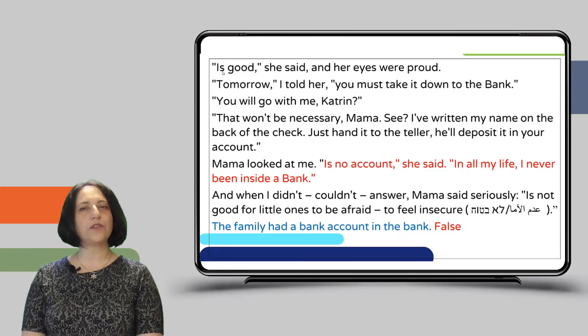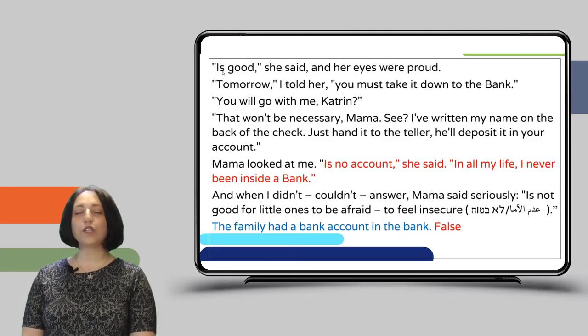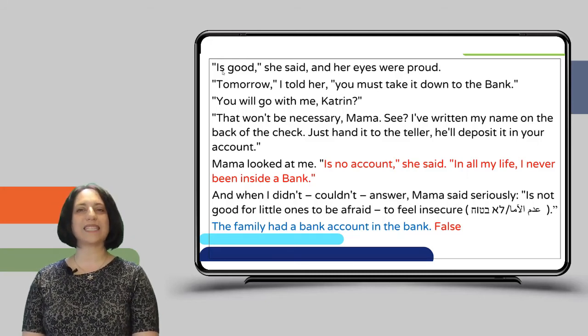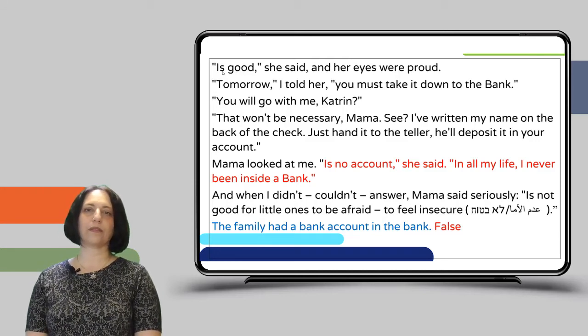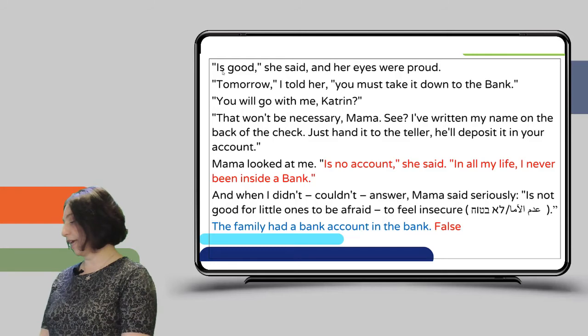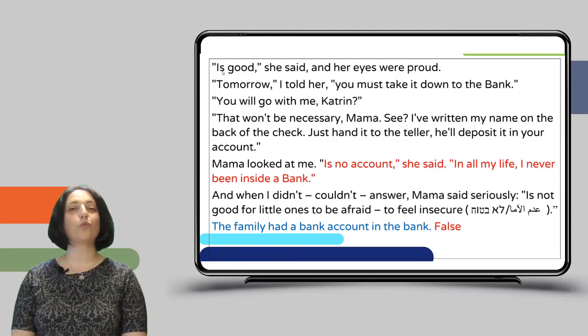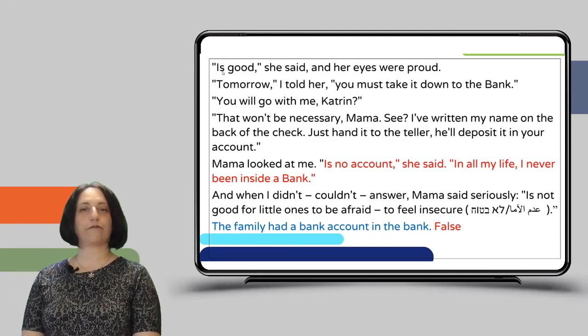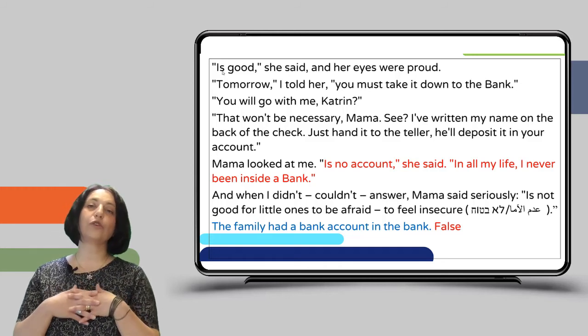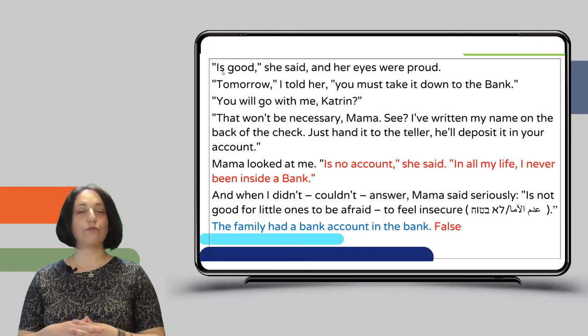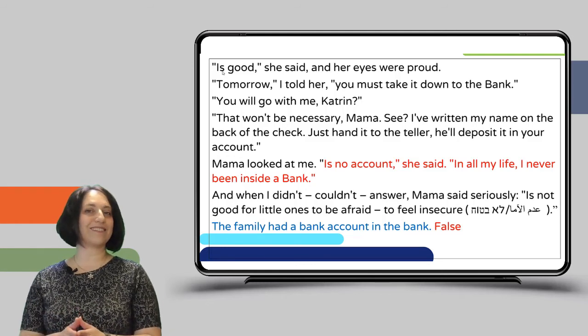And why do you think Mama said, and we said this a few times, why did Mama say that she did have a bank account? She answers here. She says it's because she didn't want her children to feel afraid or insecure. Her children felt good and safe knowing that there was a bank account.